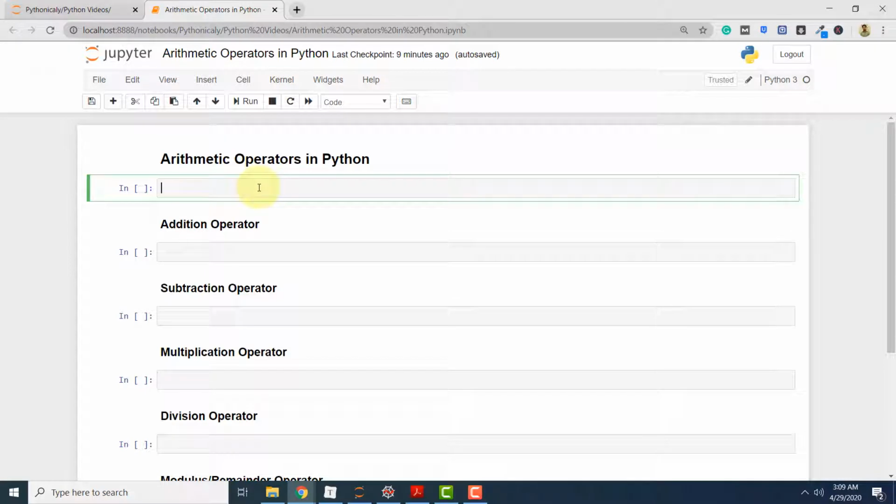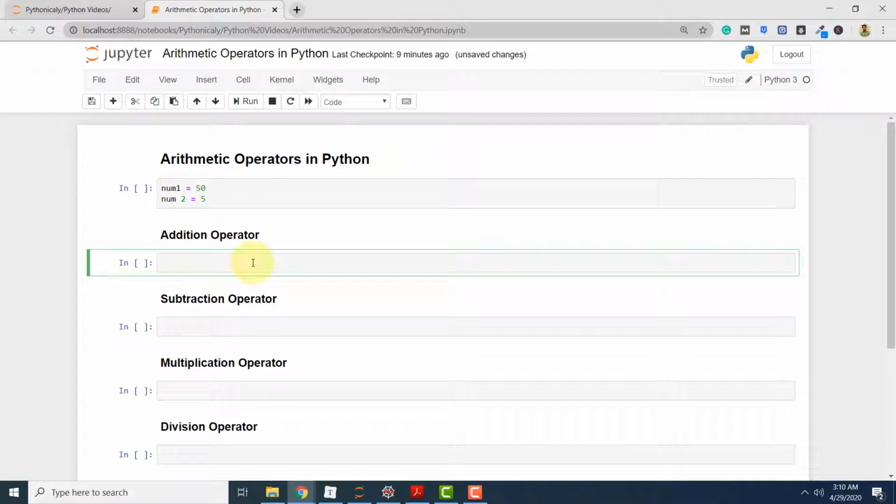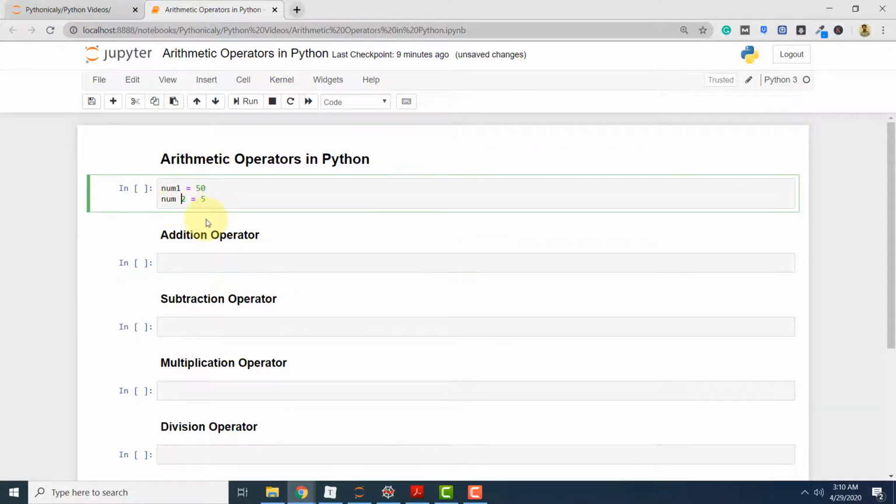So suppose we have two numbers, num1 is equal to 50 and num2 is equal to, let's say, 5. Addition operators are basically used to add two numbers. They are very simple to use.